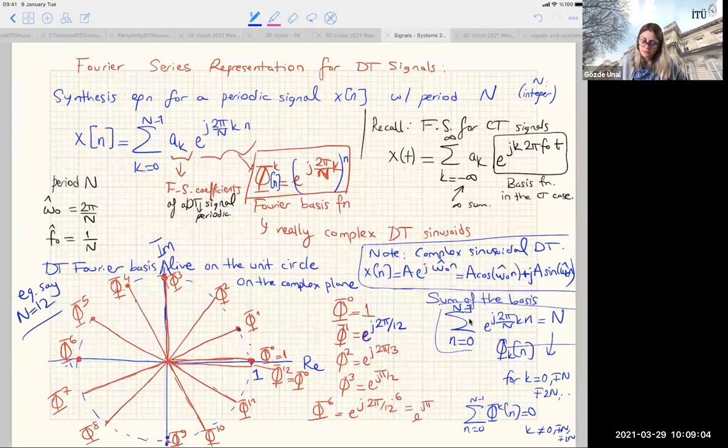Am I doing this correctly? All the unit vectors sum to 0.